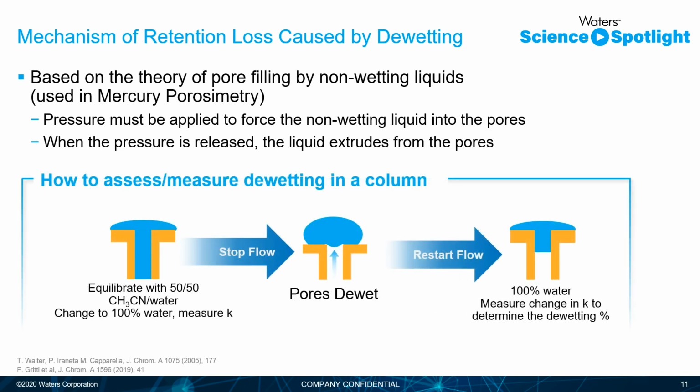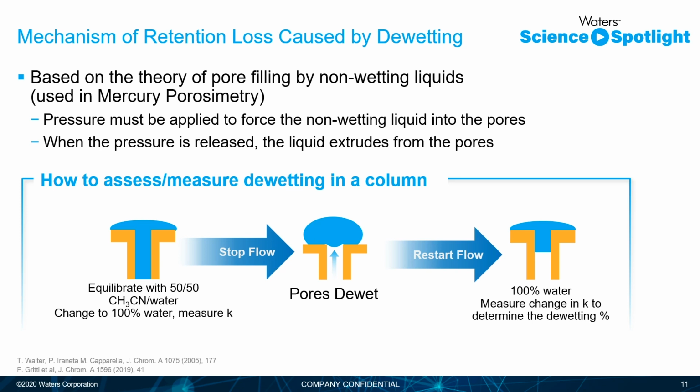We can assess or measure de-wetting in a column very simply. Typically what we do is we condition the column or equilibrate it with a mobile phase that contains 50% water, 50% acetonitrile. And then we change to 100% water and we measure the retention factor. We then stop the flow. And by stopping the flow, we decrease the pressure on the column.